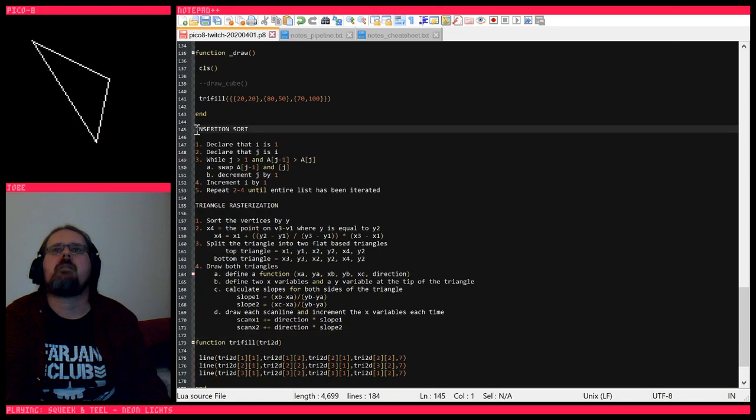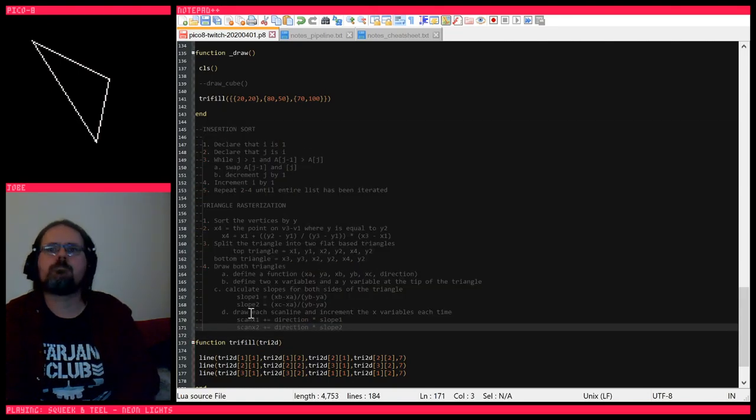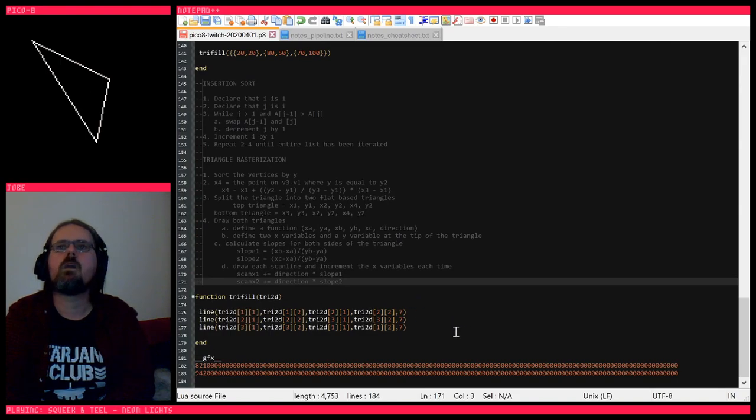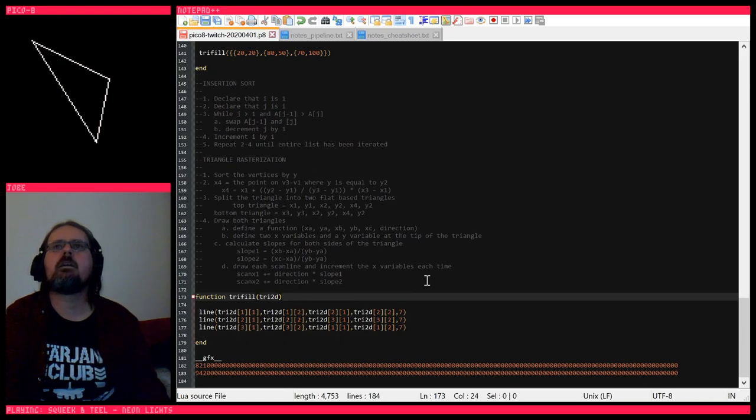We'll need to implement that by ourselves. So first of all, we'll need to find which of the vertices is the middle vertex, and we do that by just sorting them.